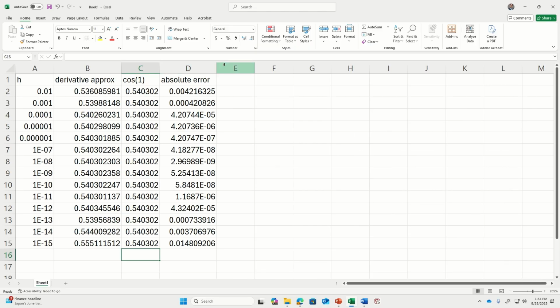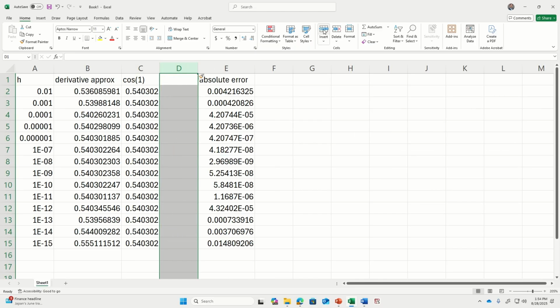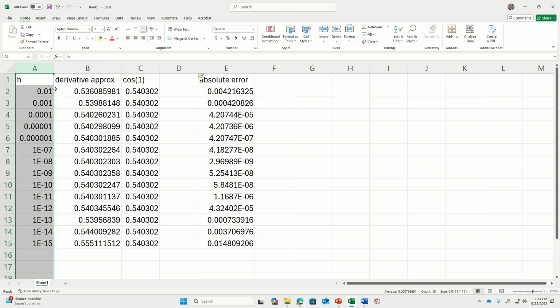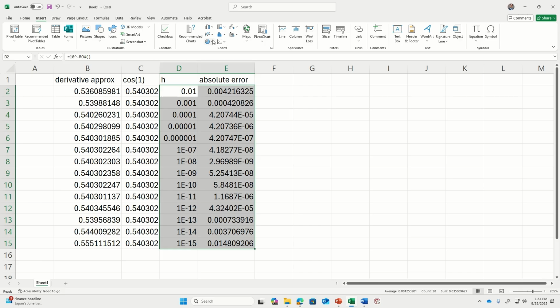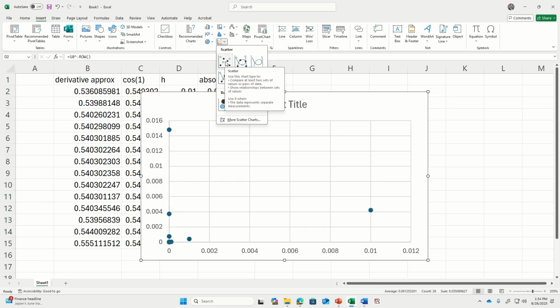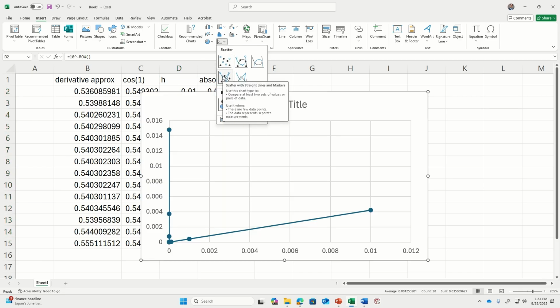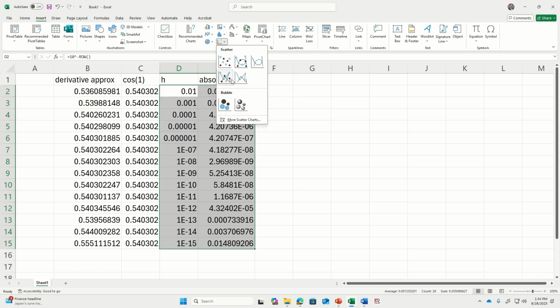What I want to do now is plot the step size and the absolute error together on a scatter plot. You know what's a better idea?